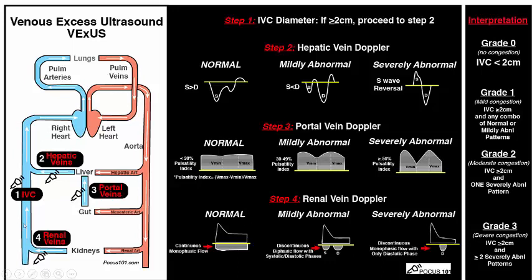Also, the flow in the renal vein will be damped and will lead to continuous nice flow of the renal vein here below the baseline. But if there is too much systemic congestion, this will be reflected on the renal venous circulation.